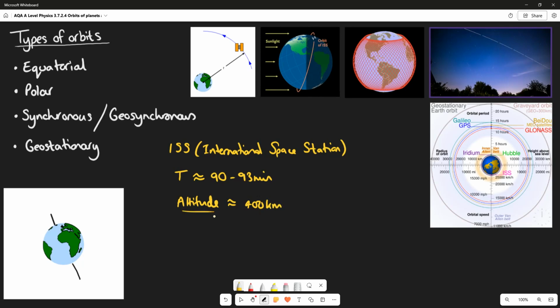Notice that I say altitude and not radius. The orbit is approximately polar, but not quite, and it rotates around the Earth once every 90 minutes.